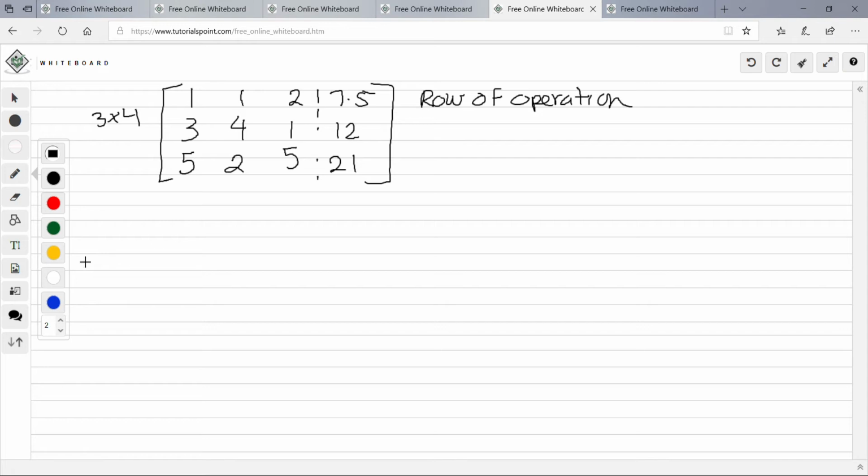Before we make the diagonal all ones, let's get these zeros first. To get this 0, I'm going to manipulate row 2 by doing 3 times row 1 minus row 2, and this will give us our new row 2.